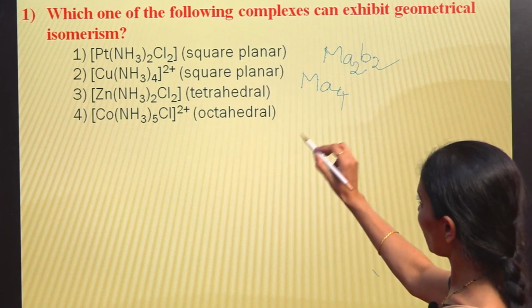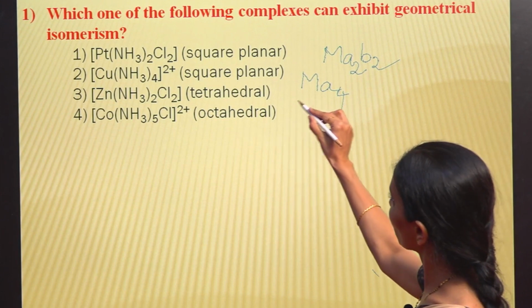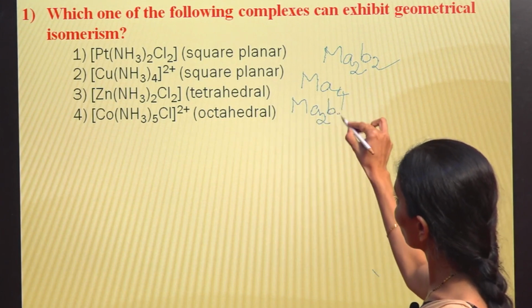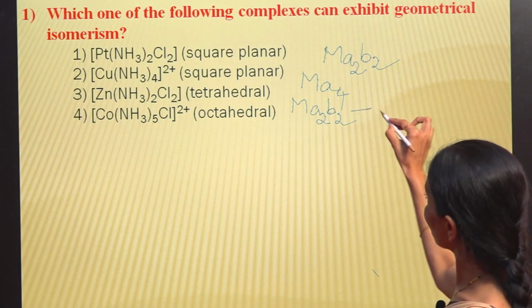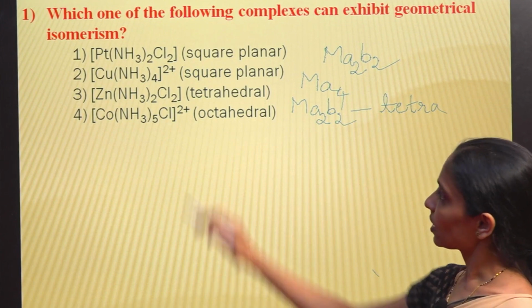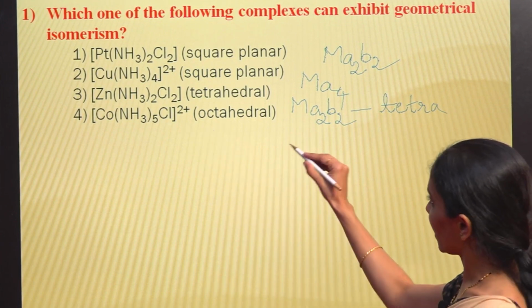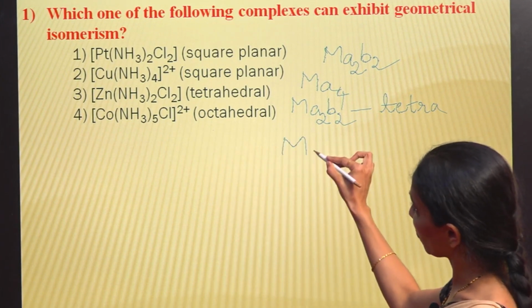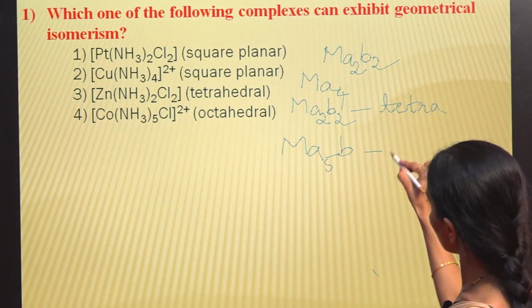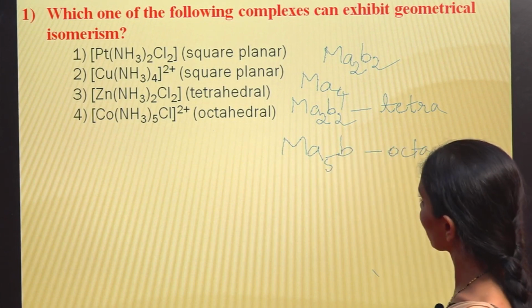The third complex is of the form Ma2B2 and it is a tetrahedral complex. The last complex is of the type Ma5B and it is an octahedral complex.